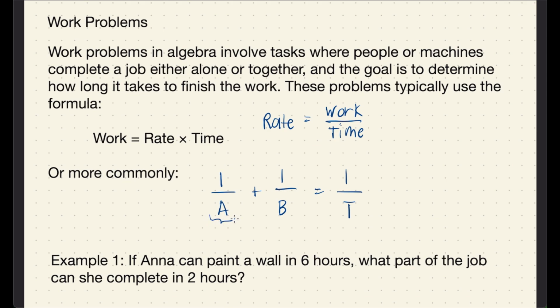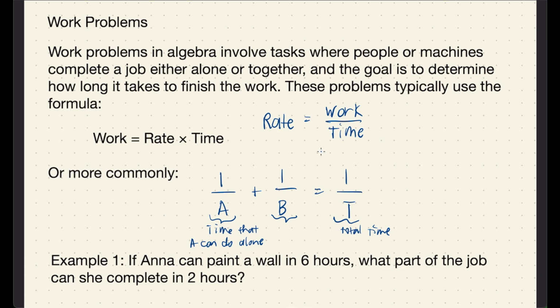A being the time that A can do the job alone, then same as B, the time that B can do the job alone, and then T is the total time to finish the whole work. If you have more than two persons, you can add more, with the same rate as 1 over C and so on. So that will be our working equation.